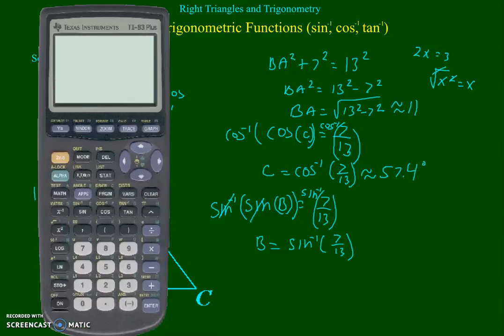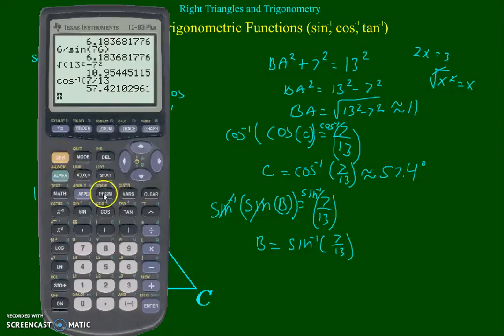Going into our calculator, we have arc sine of 7 divided by 13, and that gives us 32.57. And if you added these two together, you can see that that's 89 and 0.5. It's going to be really close. It's actually going to end up being 90 degrees.